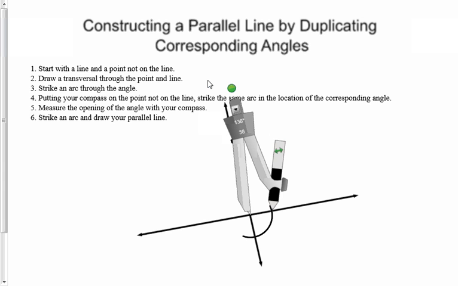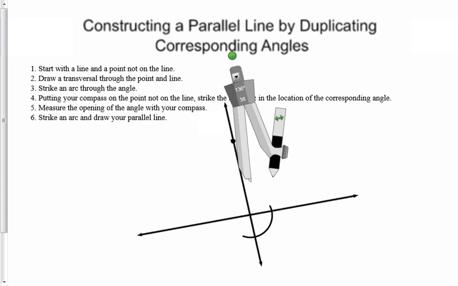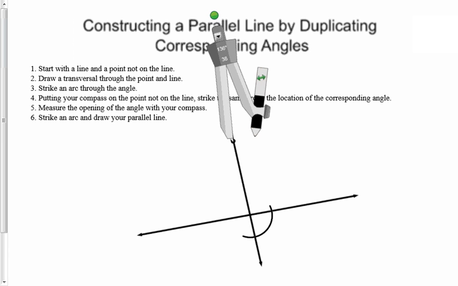Now I'm going to take my compass and go up to the point that's not on the line, and strike that same arc in the same general location. The angle that we are duplicating is the bottom right angle, if I have 1, 2, 3, 4 angles.